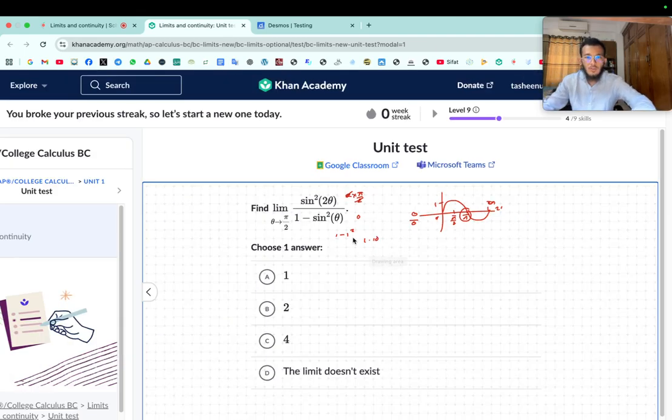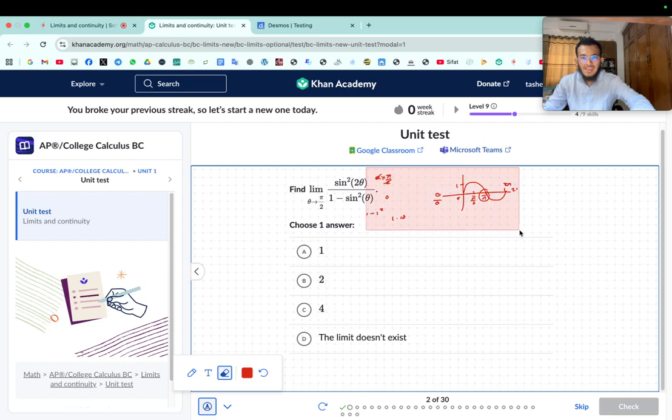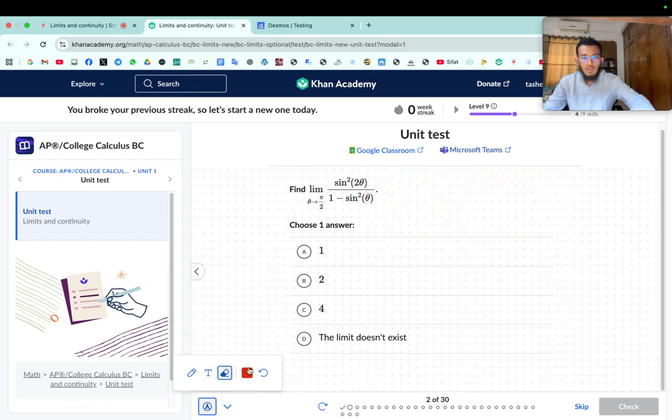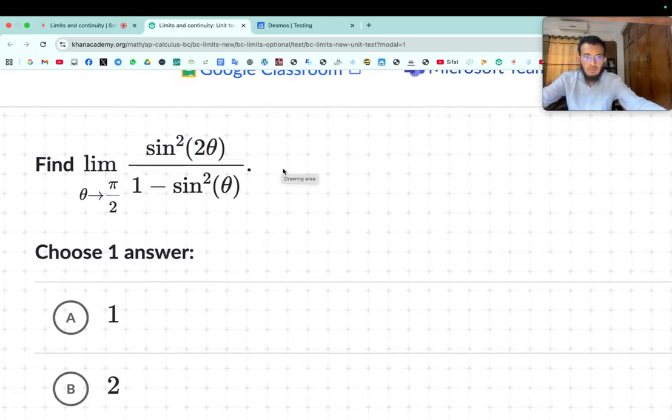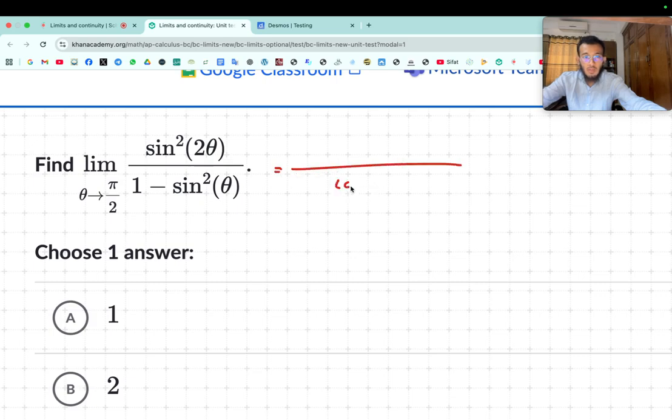So what we do is we use trigonometric identities to rewrite this. We know that 1 minus sine squared theta can be written as cos squared theta, and we can write sine 2 theta as 2 sine theta cos theta, and this thing is squared.